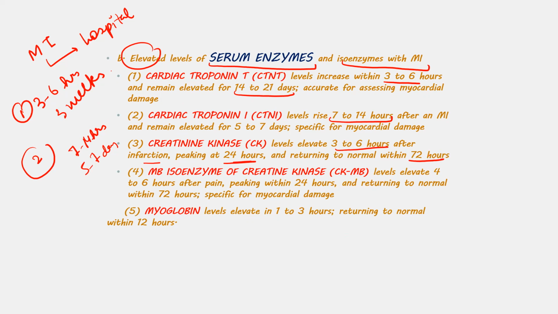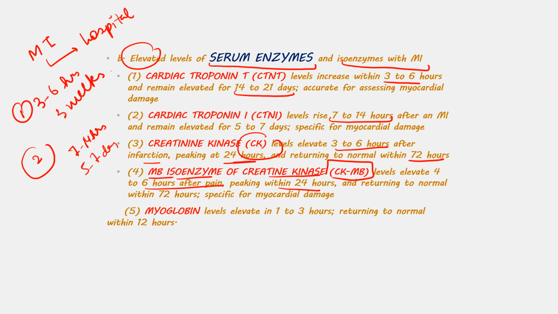So if a patient comes with MI and we want to confirm the MI, we can check cardiac troponin T because it rises within 3 to 6 hours and remains for 14 to 21 days. The MB isoenzyme of creatine kinase, CK-MB, is also a serum enzyme. Its level elevates 4 to 6 hours after pain, peaking within 24 hours.